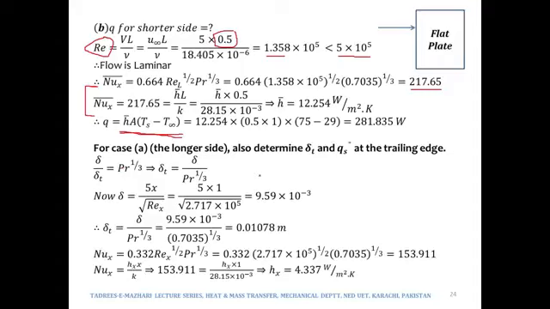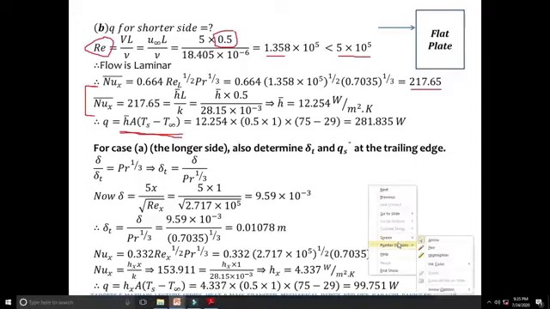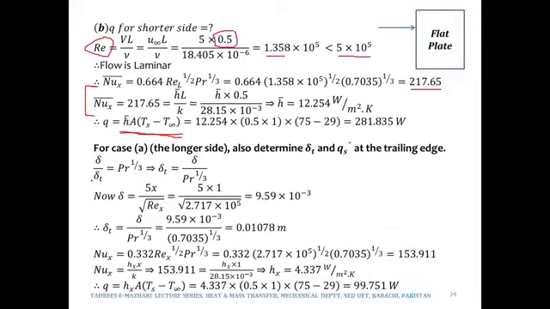Now in addition to finding that out, we were also told to find out the thickness of the thermal boundary layer, and the heat transfer at the trailing edge. In order to find out the thickness of the thermal boundary layer, we may use this expression which we had seen in the initial slides of this chapter.